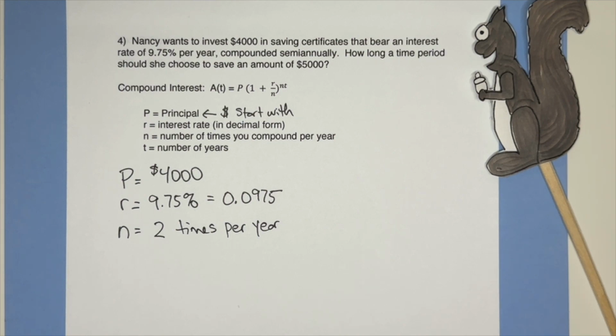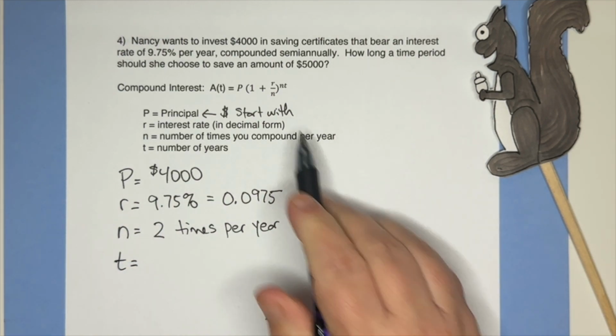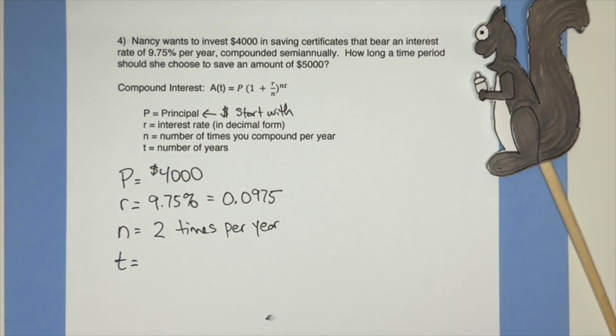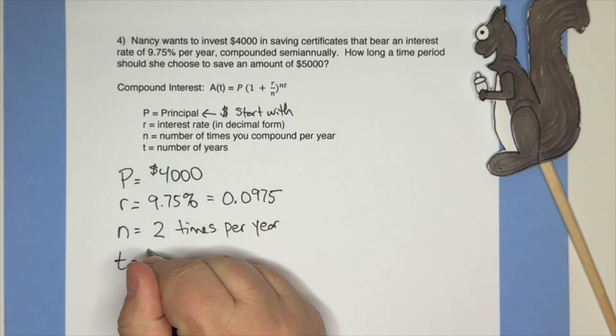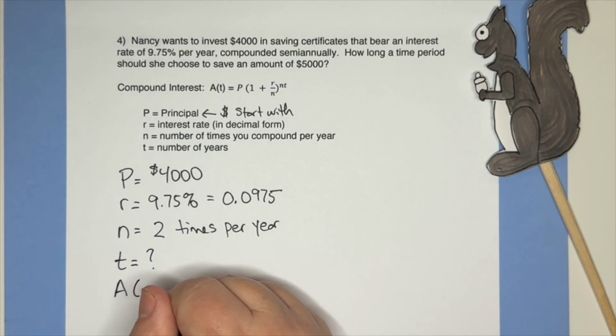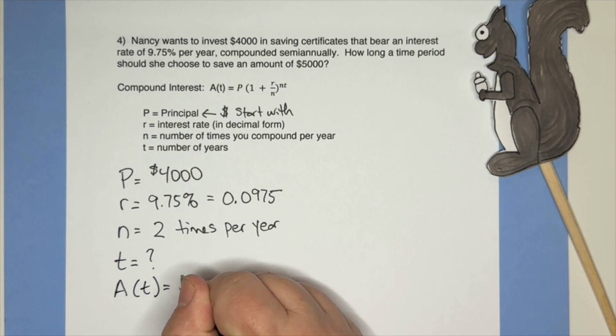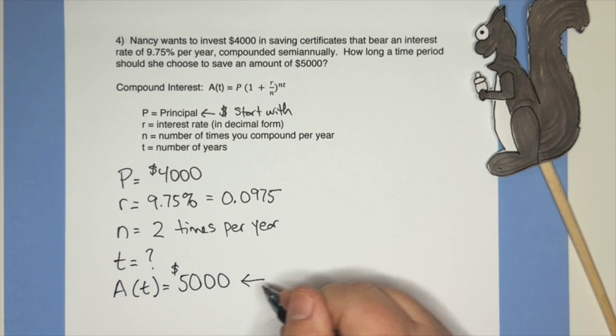When they send you your statement, they tell you how much interest you've either earned or accrued if you're paying back a loan. T is the number of years. Now, in this awkwardly phrased problem, basically T is the thing we do not know. So T is our unknown. And then A is going to be 5,000. That's how much money we want at the end.